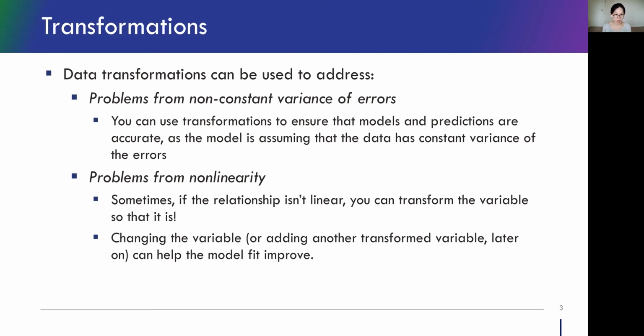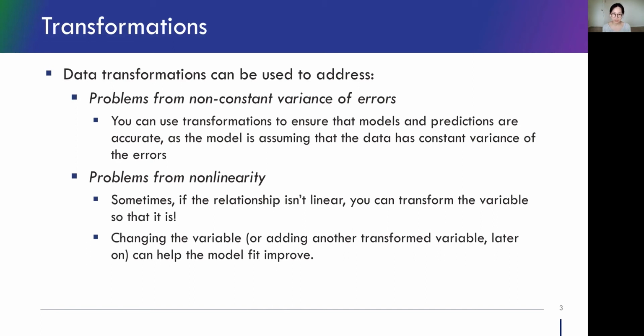Well, this week we talked about data transformations. So why would we need transformations for our data? That's when we notice there is some problem with the fitted model. We either notice the variance of the error is not constant, or when you plot the data, you find it's not really a linear relationship, or there is some pattern over your residuals.